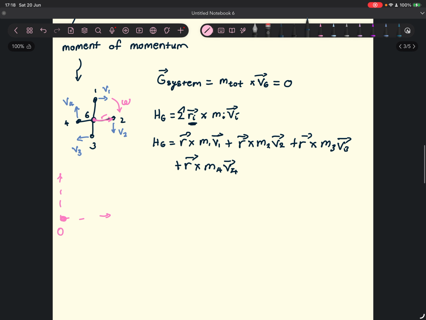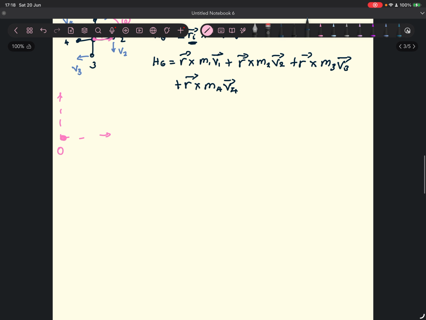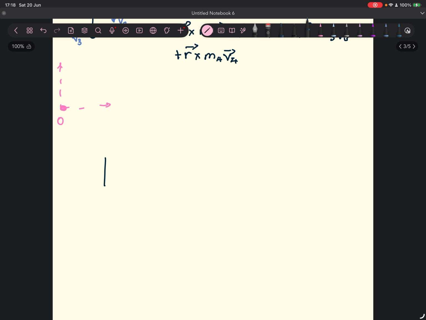And then what if G is moving now? Let's say, I'm just going to simplify it, we have two balls on either end and then one in the middle. And then we have a velocity Vg, but this thing is also rotating. And then you have particle 1 and particle 2.